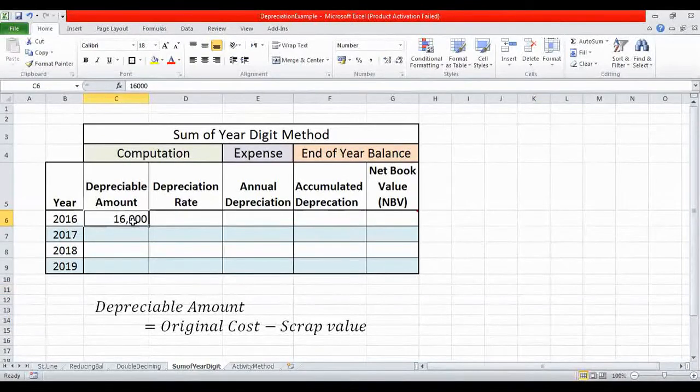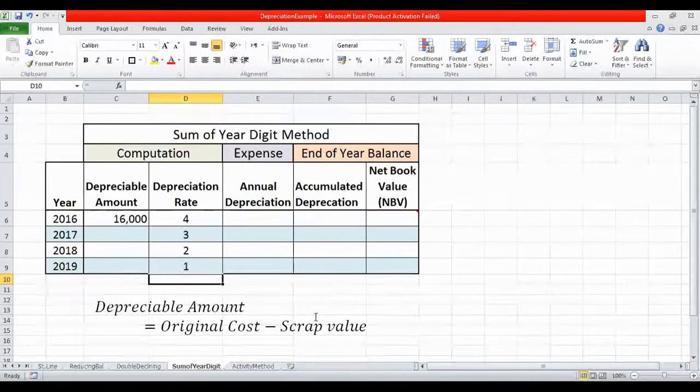Now the problem comes in the depreciation rate. This method assumes that because the life of this machine is 4 years, when we buy it, we will write over here that the life of the machine is 4 years. After using the machine for 1 year, in 2017 the rest of the life of the machine will be 3 years, then 2 years, then in 2019 this is the last year we are going to use the machine.